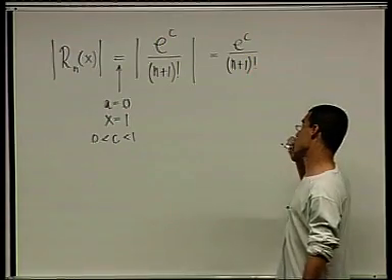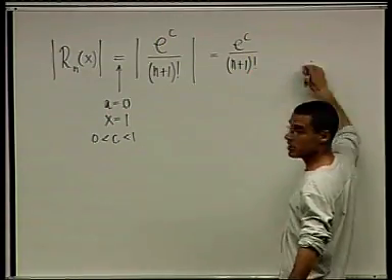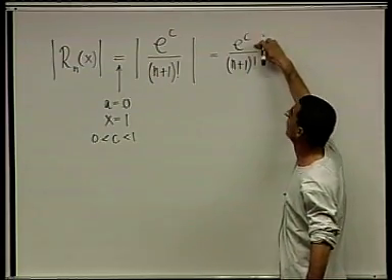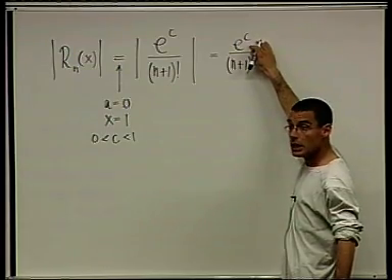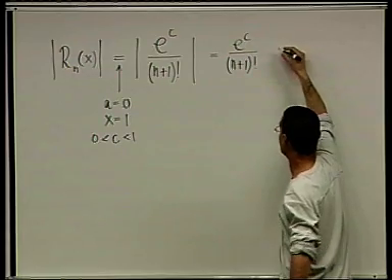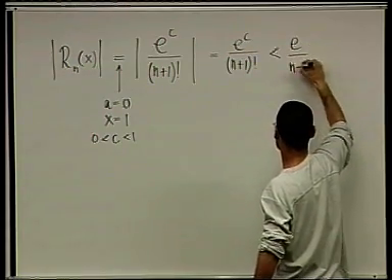Greater than 0 is true, but that's not the direction that I want. I want to write less than something. Can you give me an upper bound for this? Since c is less than 1, e to the power c is clearly less than e to the power 1. So this is still true.